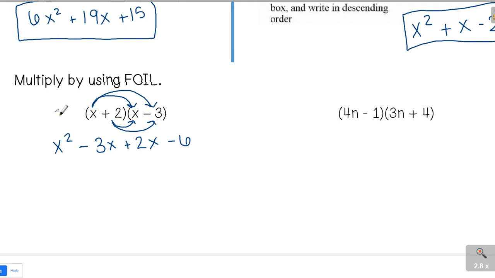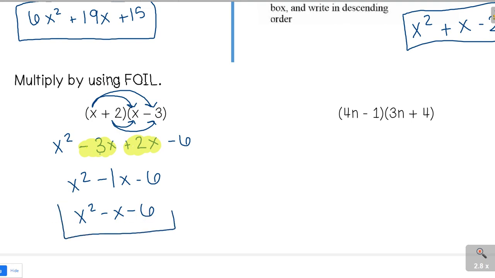Combine your like terms. So negative 3 plus 2 gives us a negative 1x, and bring down everything else. You could also have it as x squared minus x. You do not need that 1 there, just a placeholder.